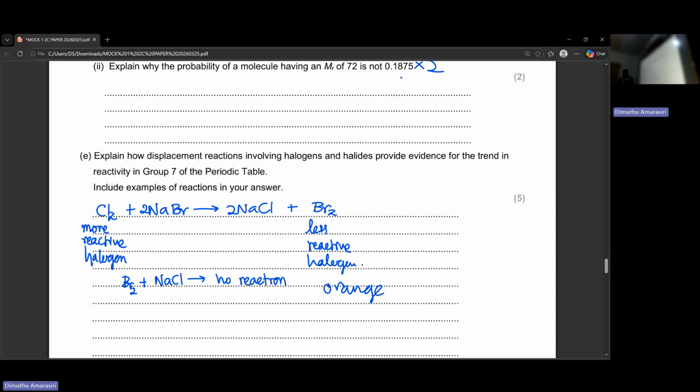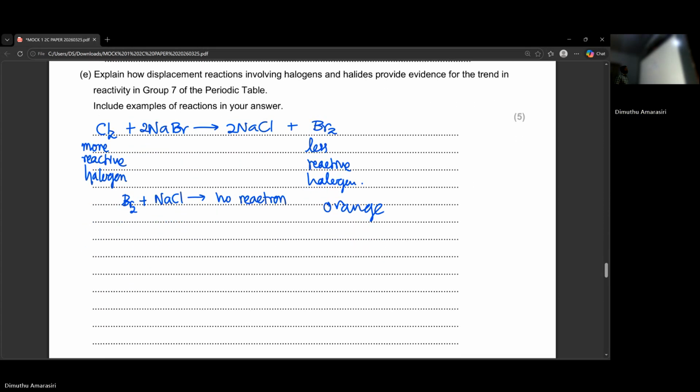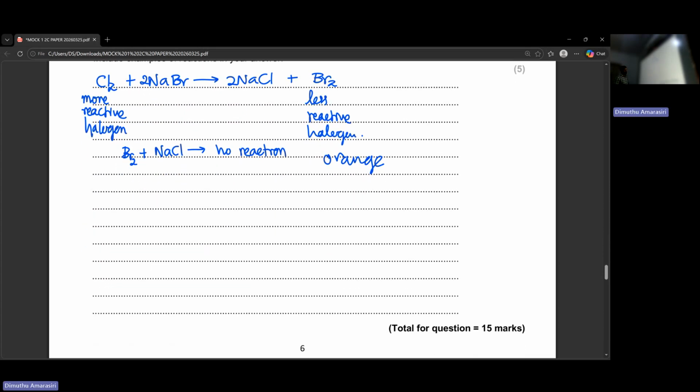Write a point like that, with an example. All good, right?